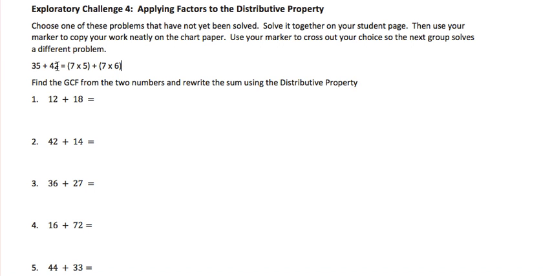So we've split these numbers into factor pairs. Then we can rewrite this by taking the 7, which is a common factor of both of them, and putting it outside of the parentheses and multiplying that by both 5 and 6 inside the parentheses. And that is the distributive property. So for your pair of numbers, you will do the same type of thing by factoring out the greatest common factor and rewriting the sum in the distributive property.